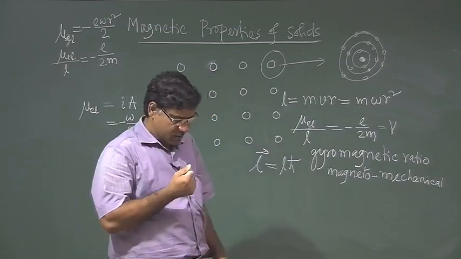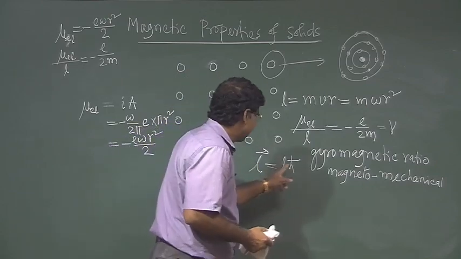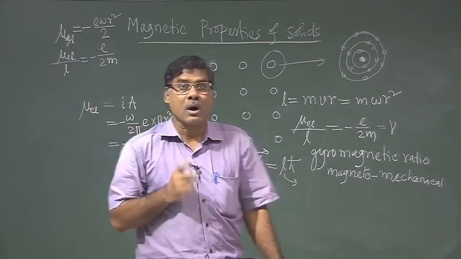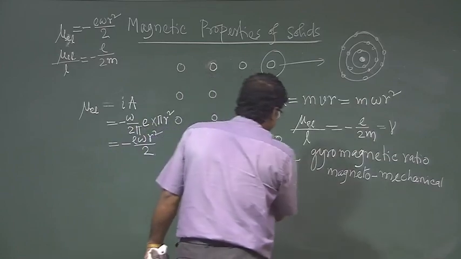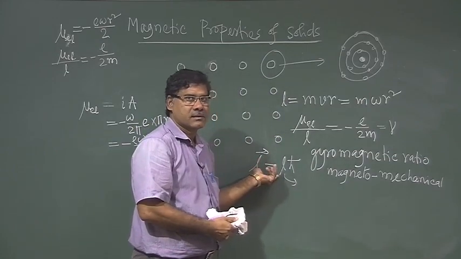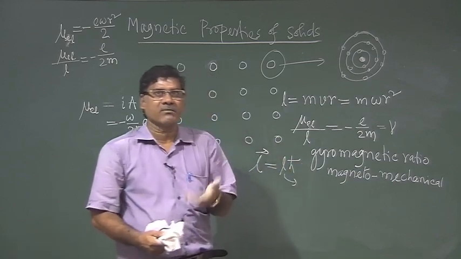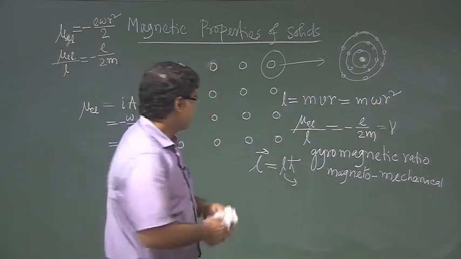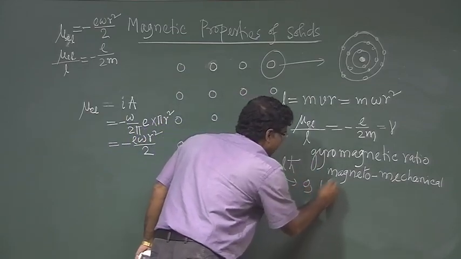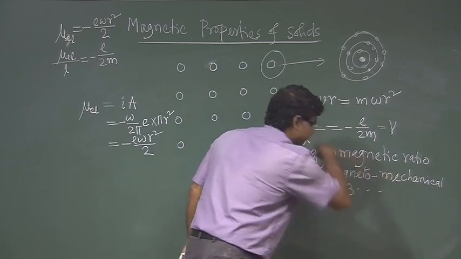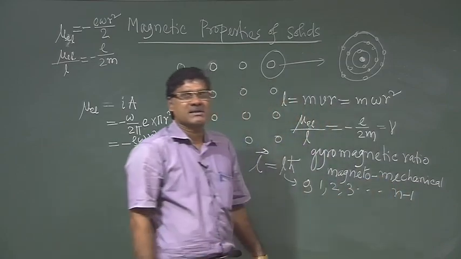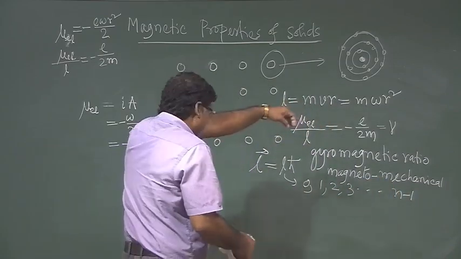Here this L is called the angular quantum number, and the momentum is in units of h cross. The L value can take 0, 1, 2, 3 up to n minus 1. What is n? N is the principal quantum number.